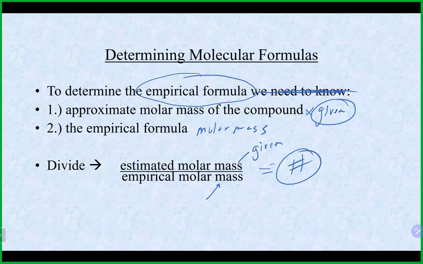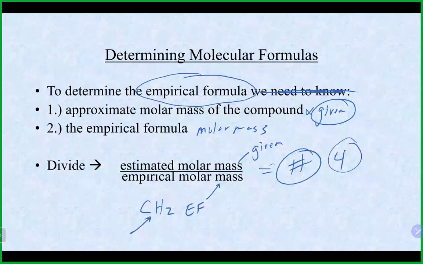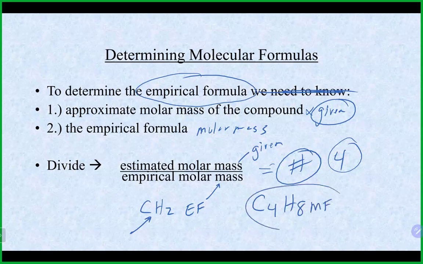So for example, if I did this and it came out as a 4, and let's just say that this was my empirical formula here, and I did the molar mass and I got a 4, I would take my empirical formula and multiply everybody by 4, and it would give me C4H8 as my molecular formula. And that is what that number is for.